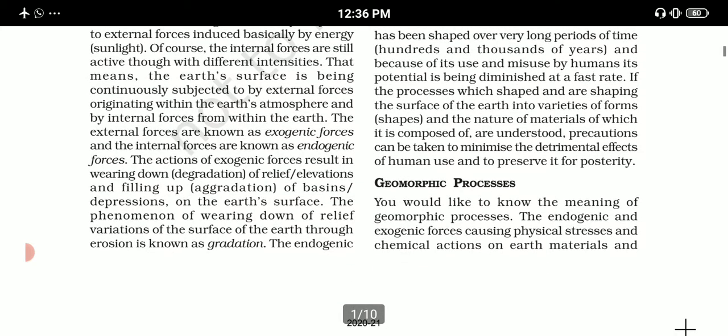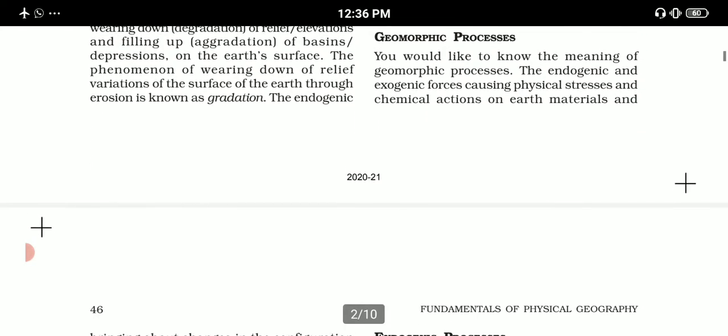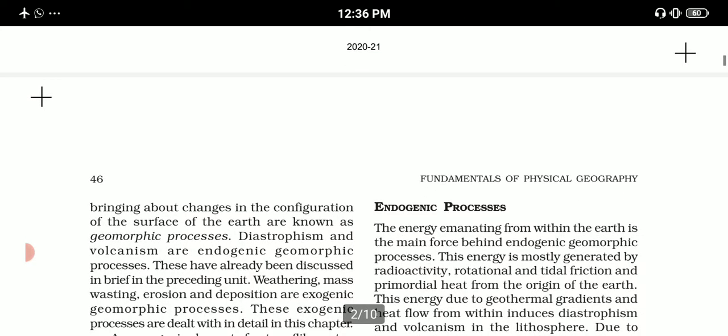The meaning of geomorphic process: the endogenic and exogenic forces cause physical stresses and chemical action on earth materials and bring about changes in the configuration of the surface. That change of the surface of the earth is known as geomorphic processes.